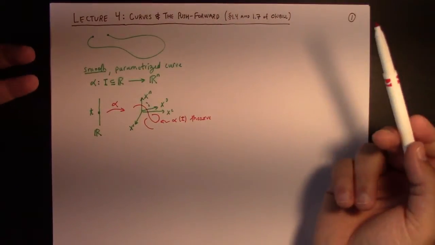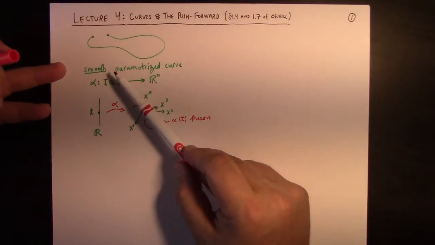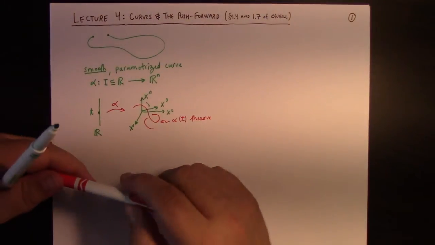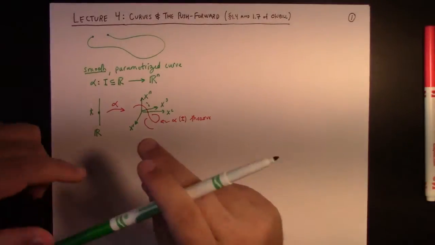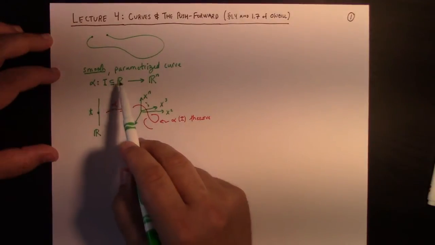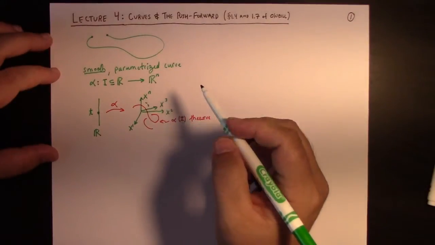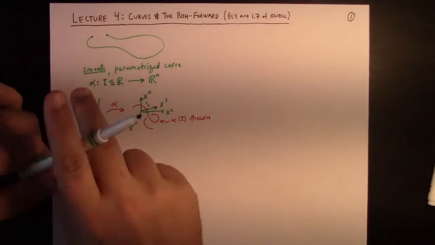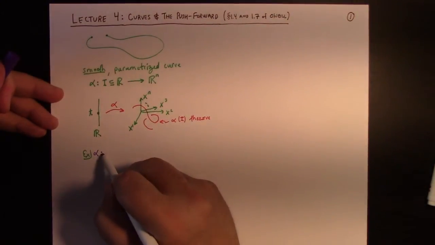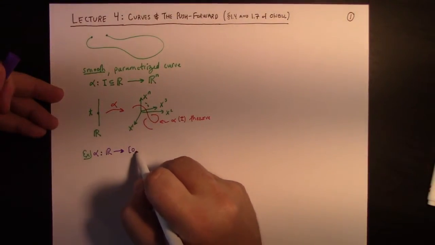Again, smooth refers to the mapping. You could also talk about continuous curves or once differentiable curves. The reason we like to talk about smooth curves and not just continuous curves is that continuous curves have some really strange things that can happen. For example, there are examples of what are called space-filling curves. It's possible to have a curve alpha from the reals, say, to R2, just continuous, and it ends up filling the unit square.